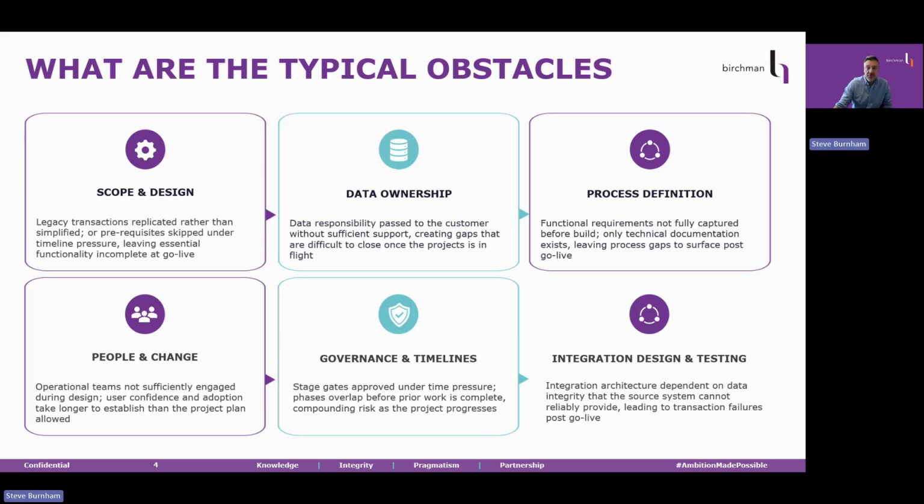The integration architecture was designed with an assumption about the quality and consistency of data coming from the source system. That assumption was not tested properly during design because the data ownership question was never resolved. It was not tested during build because the governance process did not require it, and it was not caught at the stage gate because the risks were downgraded.